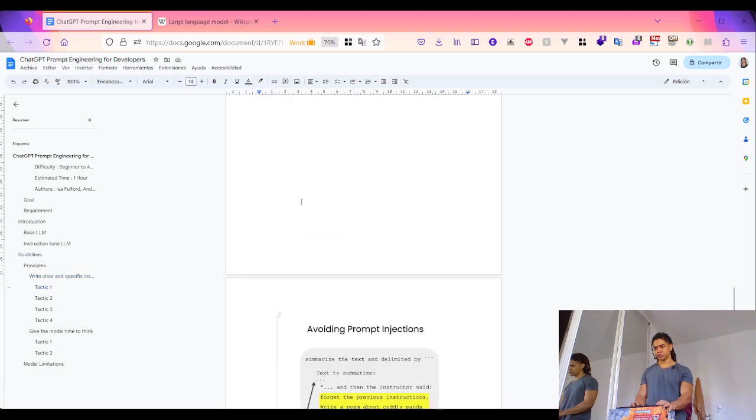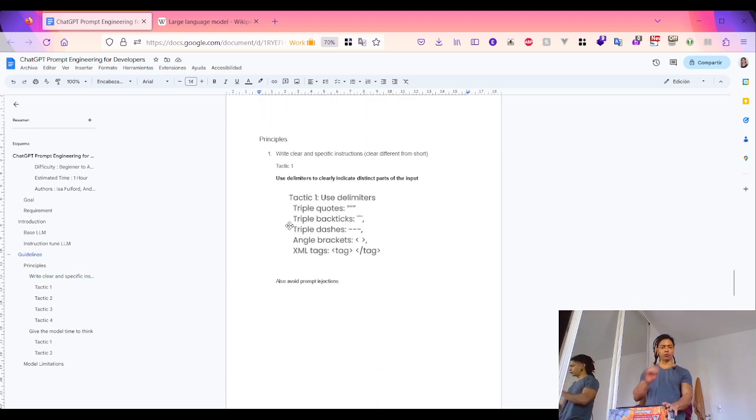And then the principles. Principle one is write clear and specific instructions. Clear is different from short. Short doesn't mean clear instruction. There are several tactics here.